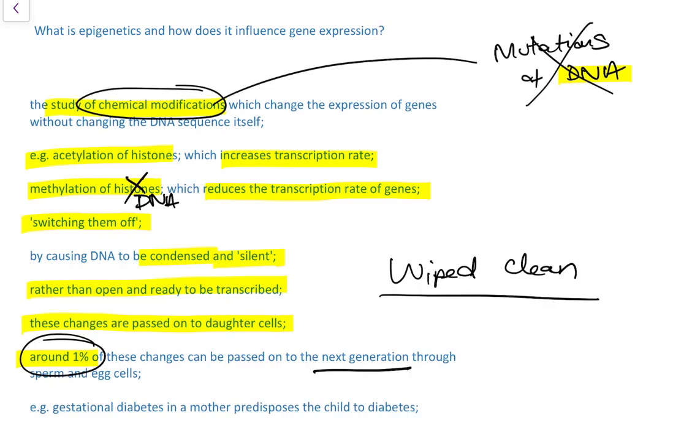For instance, an example that they found is that if you have diabetes as a mother, it predisposes the child to diabetes, and that is an environmental change through methylation and acetylation, through epigenetic changes. And the example was given that a traumatic experience that your grandmother had could in some way be passed on through epigenetic changes, and they might be present in you, even though they might be a very small amount.